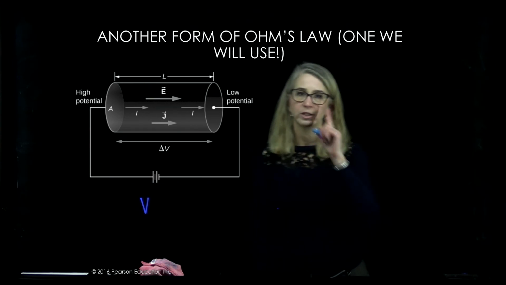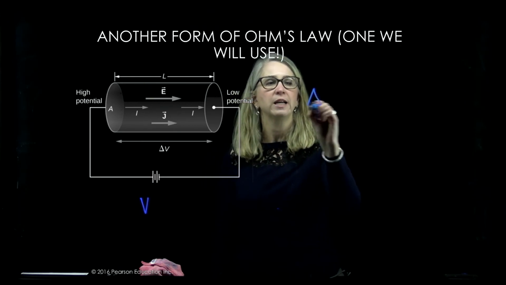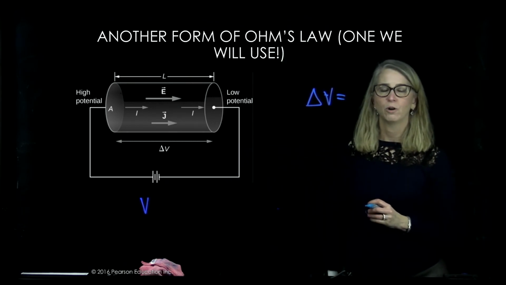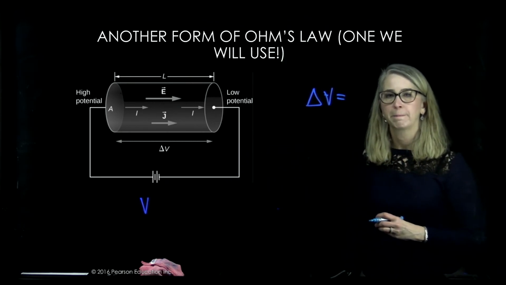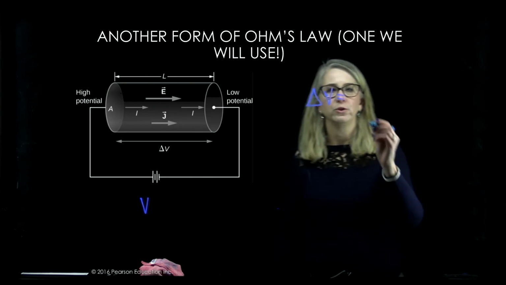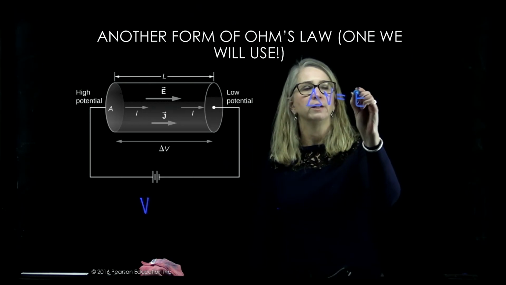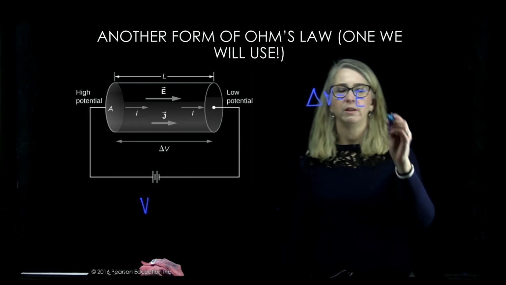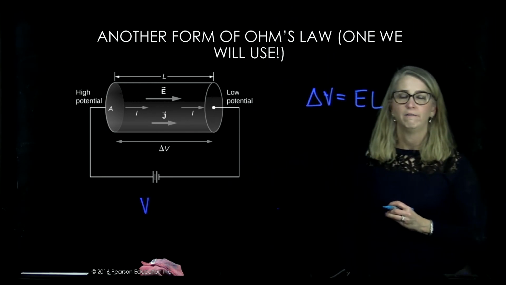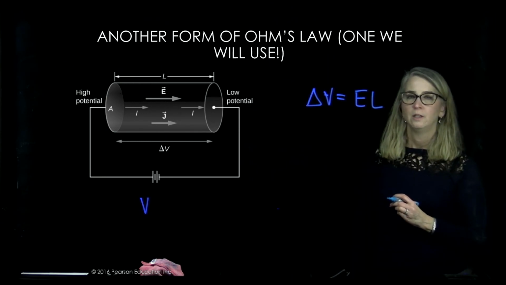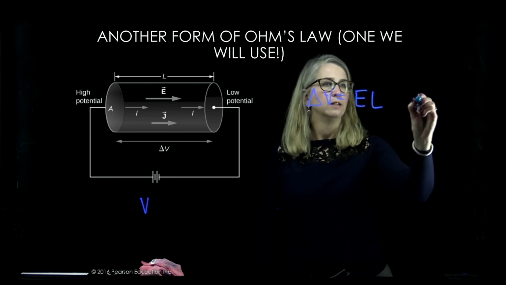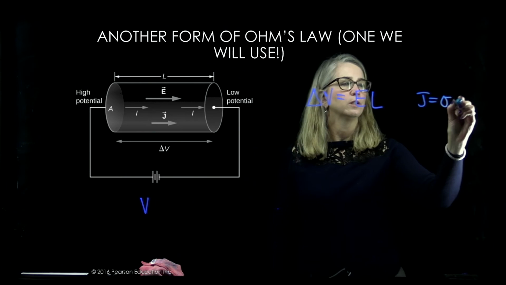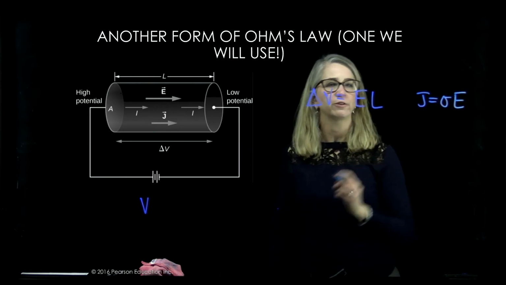Okay, so let's look at this. I have some change in potential across this piece of wire, and that's equal to the electric field times the length of the wire. But we also said that the current density is equal to the conductivity times the electric field.